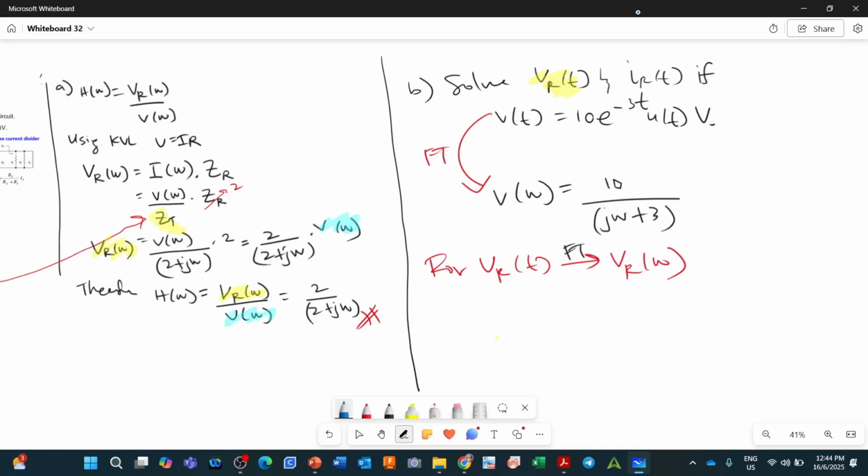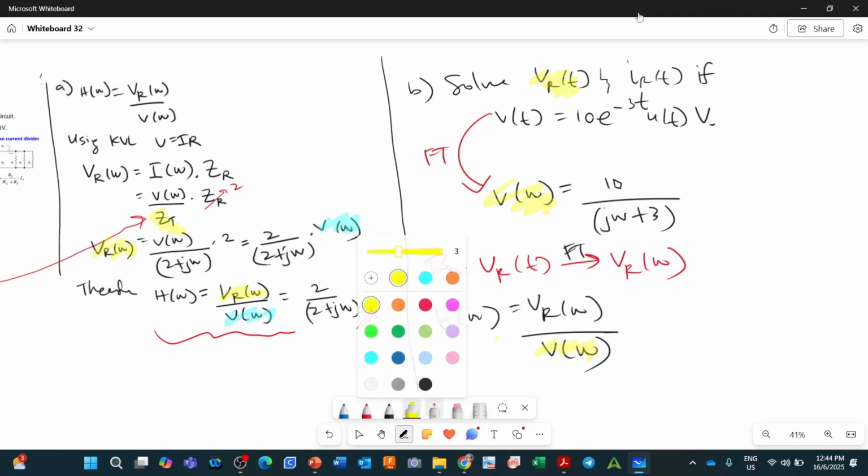Based on this equation, H omega is equivalent to VR omega over V omega. You are given V omega, which is here.